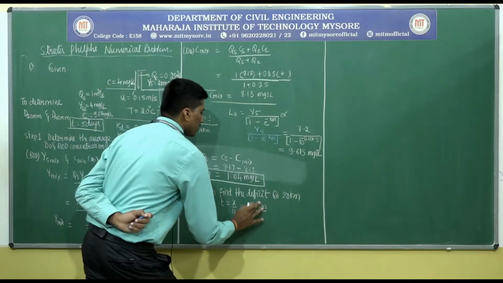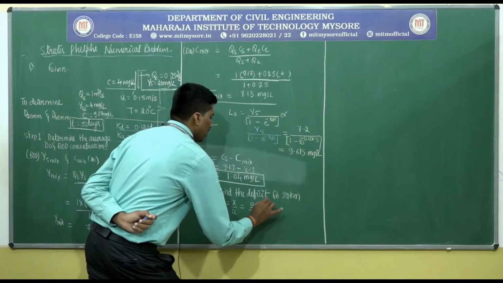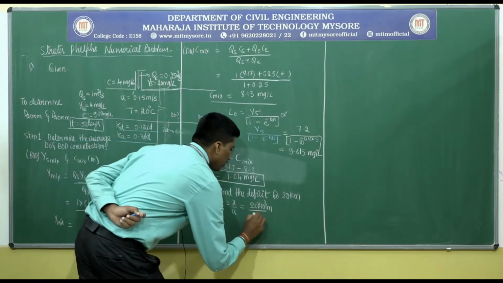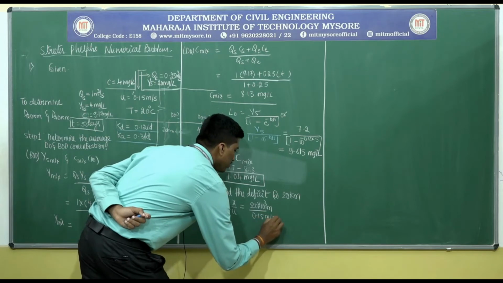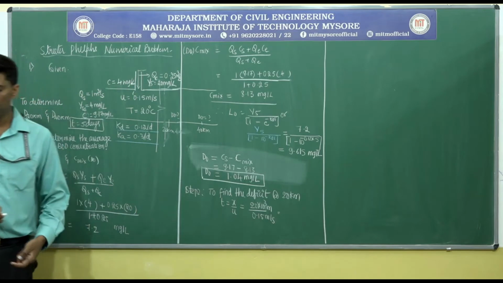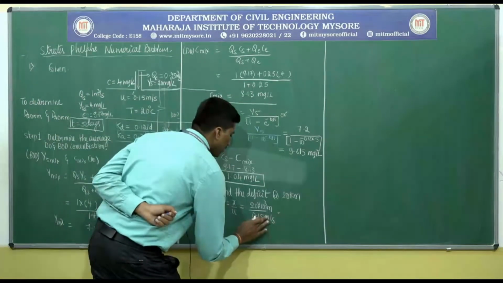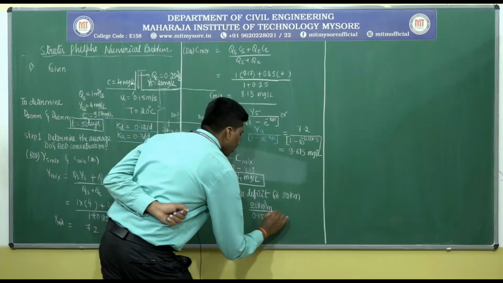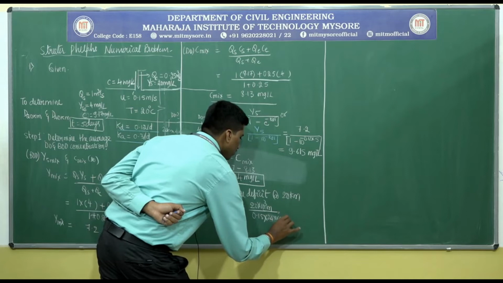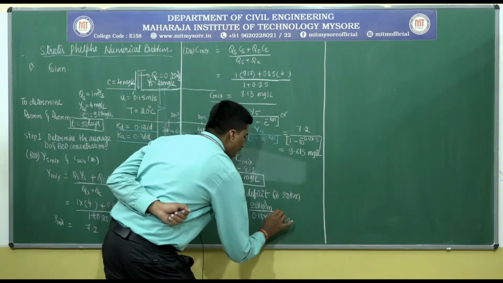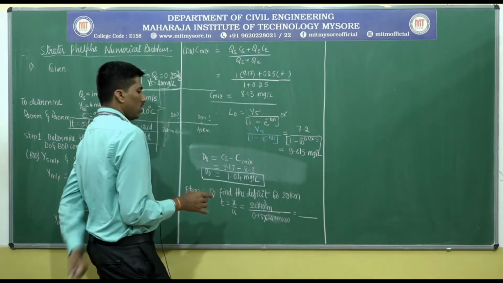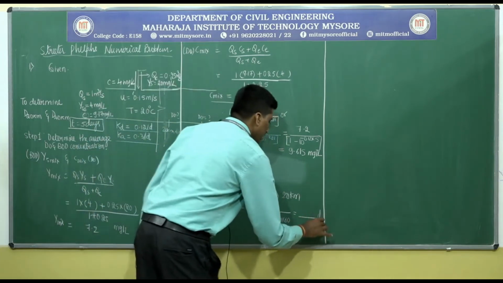Convert this to meters: 20 into 10 raised to 3 meters, and u is 0.15 meter per second. T is to be taken in days, so convert seconds into minutes, minutes into hours, and hours into days by multiplying by 24. Therefore you get the time in days.